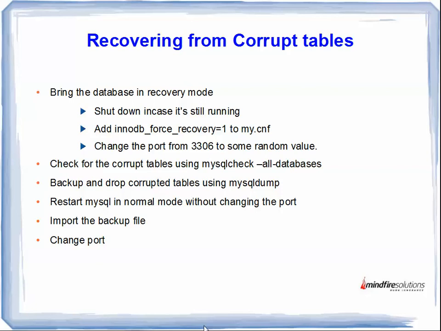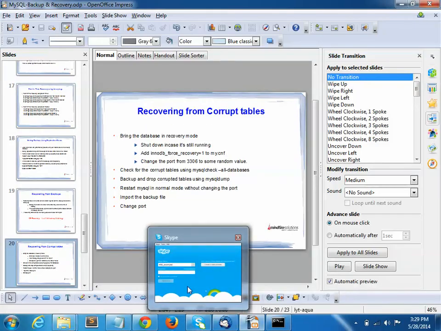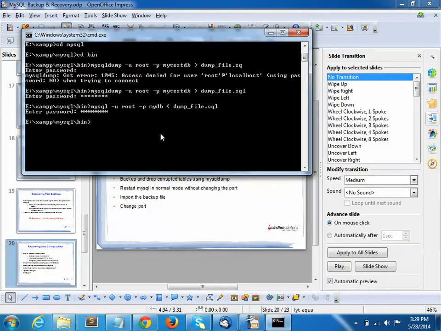We need to change our port from 3306 to any random value, and we can check for the corrupt tables using mysqlcheck --all-databases. In case we have any corrupt tables, we'll get a list of them.